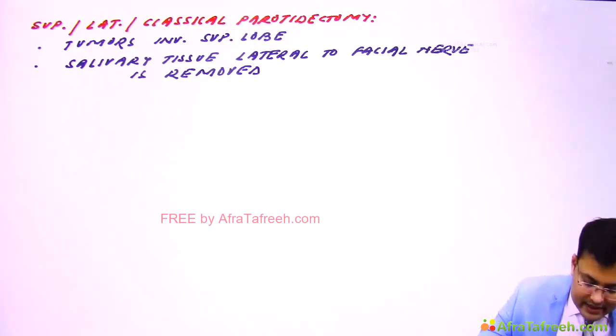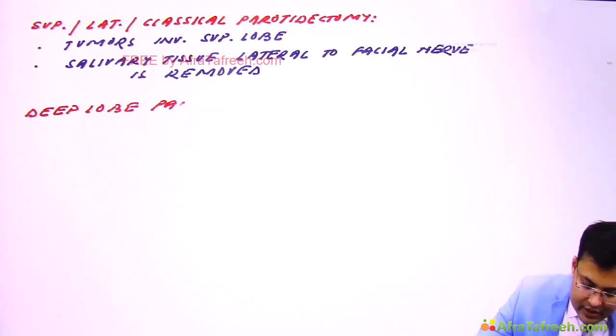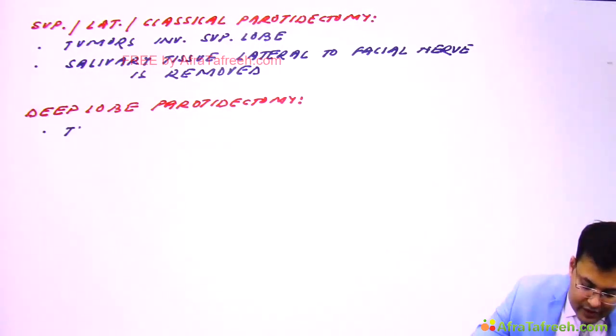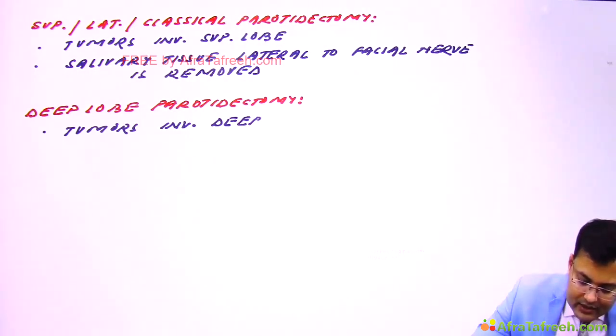Now see, second is deep lobe parotidectomy. So what is deep lobe parotidectomy? It's a common sense question. The tumor is involving which lobe? Here the tumor is involving the deep lobe. So it is performed for tumors involving the deep lobe. Simple.